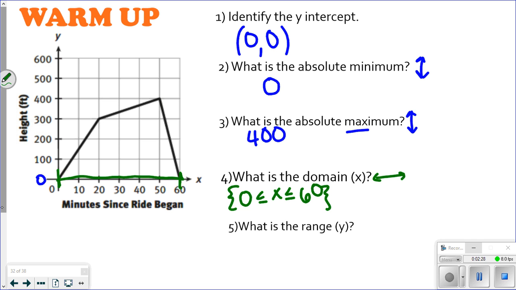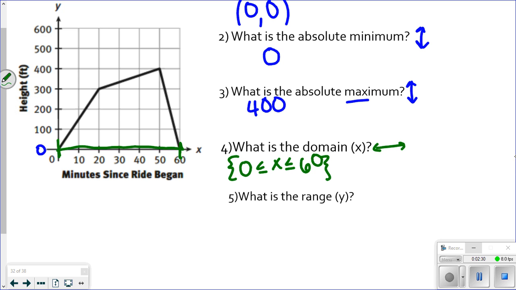All right, our range. Remember, our range is our y values. So we're looking vertically up and down, or low to high. Again, we're going to use our fancy brackets. We're going to use a y. And remember, your range matches your absolute minimum and your absolute maximum.